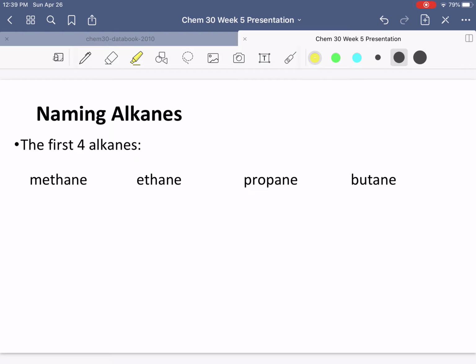Now, in terms of naming alkanes, I'll introduce you to the first 4 of them. And you've already seen these a little bit because they've come up in some of the isomers that we were drawing. Now, the first 4 alkanes are methane, ethane, propane, and butane. Notice the specific beginning of each of those.